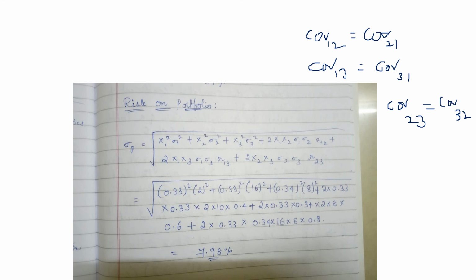So for that particular purpose what we are doing is, here we are giving the values as 1 2 first security and second one, coefficient of correlation 1 2 plus 2 x1 x3 standard deviation 1 3 R13. Okay, so covariance of 1 3 is equal to covariance 3 1.